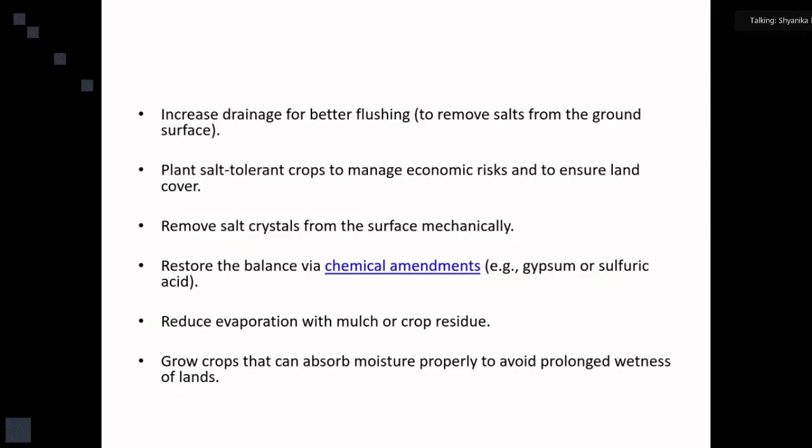Then we can mechanically or manually remove some of the salt crystals from the topsoil. And reduce evaporation in the topsoil, grow cover crops. You can use cover crops and manure.